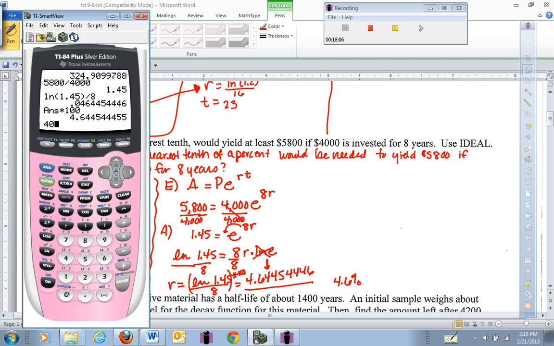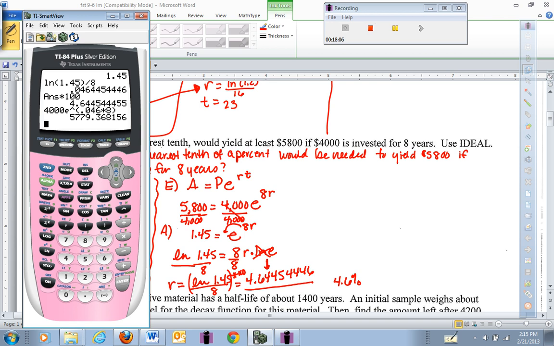If we took $4,000 and invested that, I want e to the x, rate times time, and we said 0.046, using 4.6% for 8 years, would we get $5,800? The answer is no. We only have $5,779.37, right? So that's not enough.